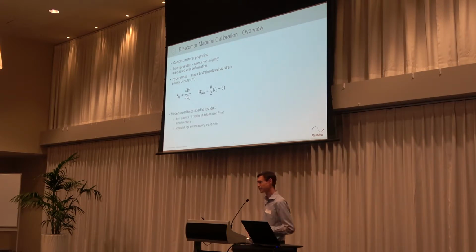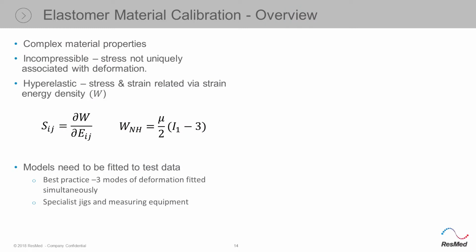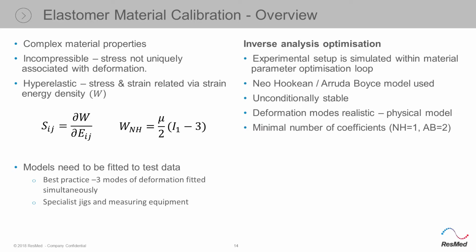So, as I mentioned, best practice normally for an elastomer is to test in multiple independent modes of deformation and then fit those simultaneously to a model to match your curves. But you actually need a lot of specialist equipment, and it takes a long time to do this. You may not have the time, the equipment, everything else, which is what happened in this case.